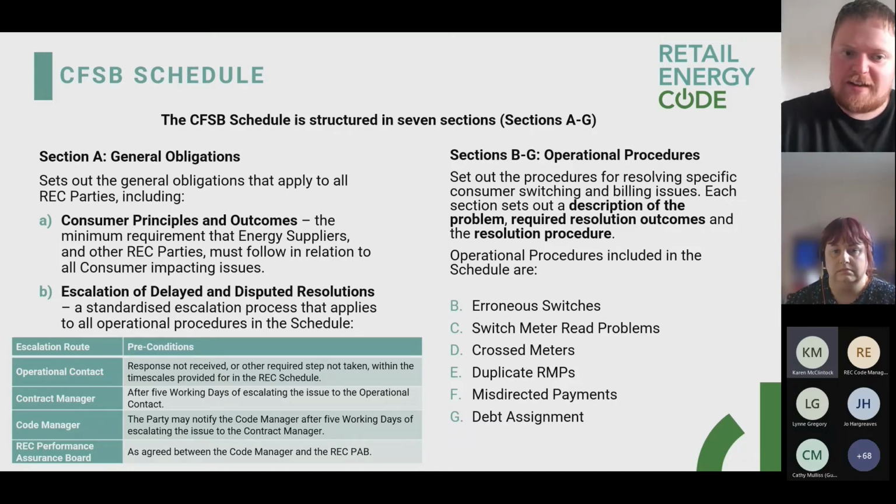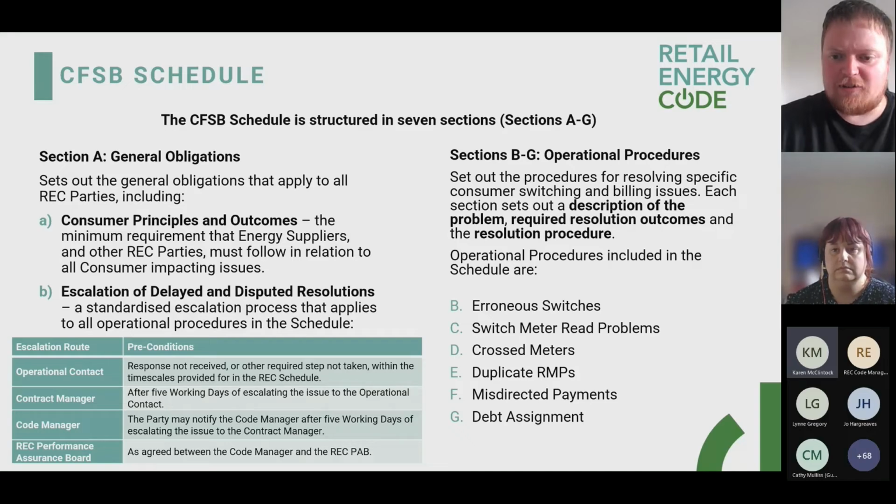It also standardizes the escalation process. So before, each of the individual procedures that I referred to have their own escalation process. And what this schedule does is it brings in a standard shortened escalation process that applies to any missed service levels in this schedule.